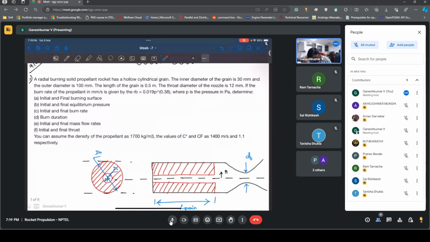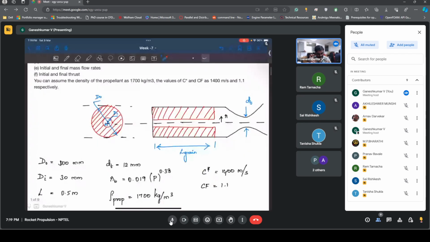But the only thing is, we also told in the question itself, it's a radial burning solid propellant. So you can take this as an idea that it is going to burn only radially, and so we can ignore these surfaces. But you cannot do the same thing in your assignments, so you should be a little careful. This surface can also be exposed to ignition. This surface can also burn.